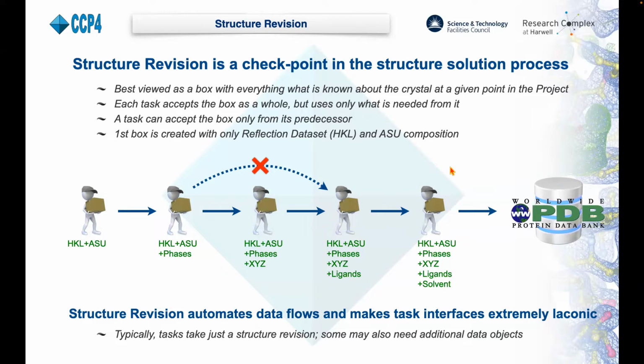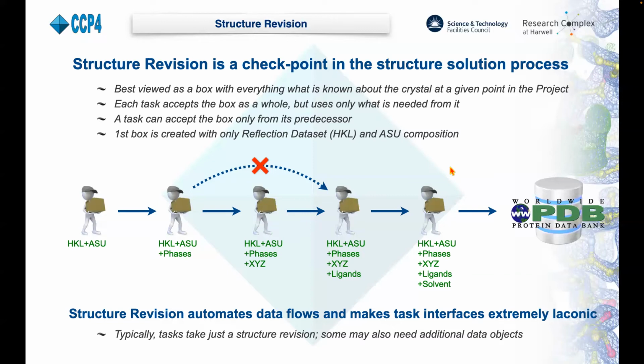Tasks can accept only a single structure revision on input, but they can form more than one structure revision on output in rare, very rare cases. And they can accept such a box, a structure revision, only from their direct predecessor. This means that if an old structure revision needs to be used, so you were doing something and then decided to roll back, then the project just must branch from the corresponding task which produces that structure revision.